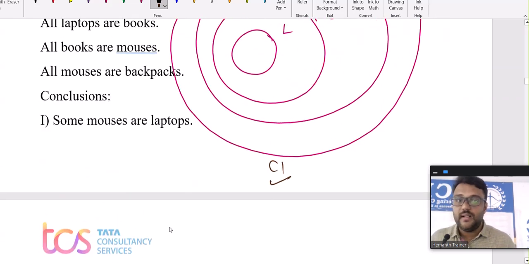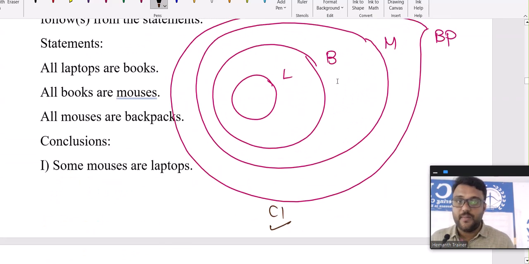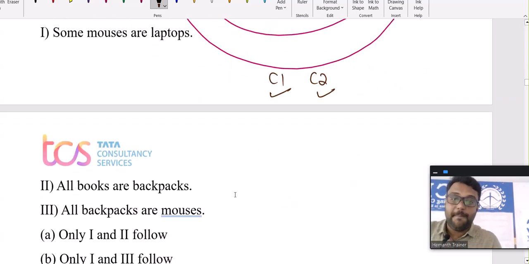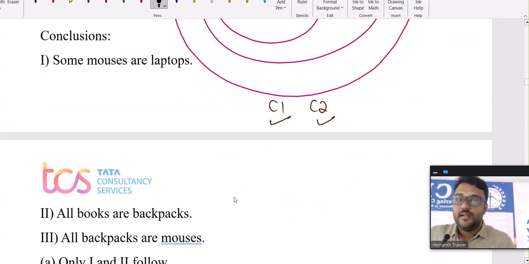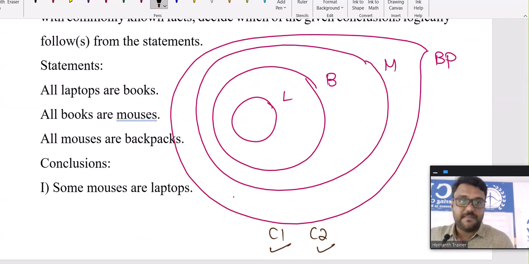All books are, yes, entire books is in backpacks. So second one correct only. Next conclusion, all backpacks are mouses. This is the backpack area. Is it inside the mouse? No. So third one failed.